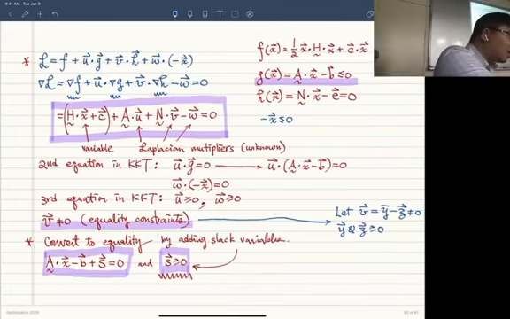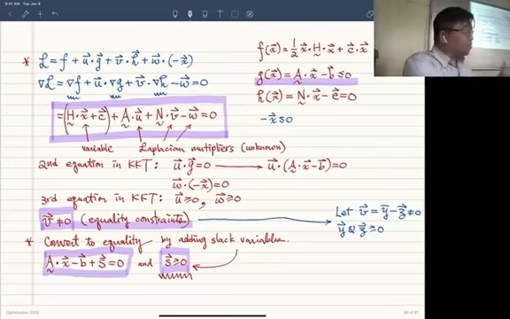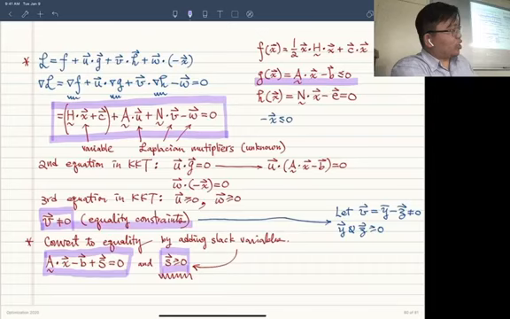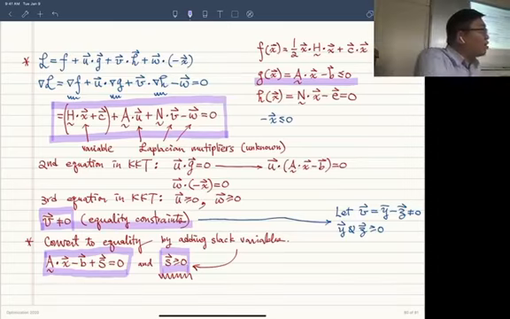Because the original description is like v is not 0, but there's no exact equation to define what is v. You just have a concept knowing v cannot be 0, but we need some equation to represent that. So v could be any number y minus z. As long as y doesn't equal z, then v won't be 0.